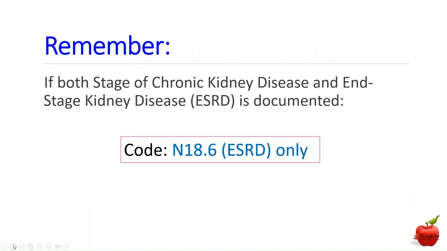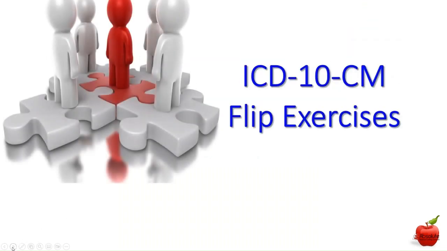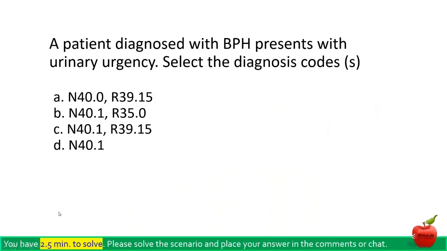So remember, if both the stage of chronic kidney disease and end stage disease are documented, then you're simply going to code the end stage renal disease only, N18.6. If you have both the stage of chronic kidney disease and end stage, then the end stage is going to take precedence. So let's move along with a few exercises.